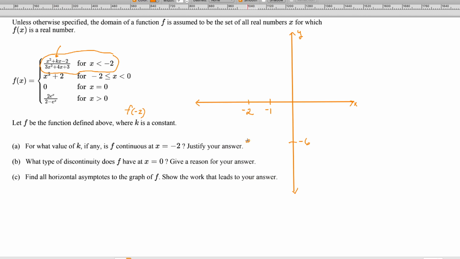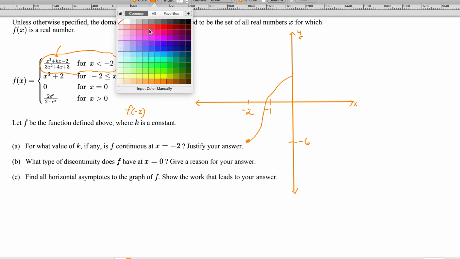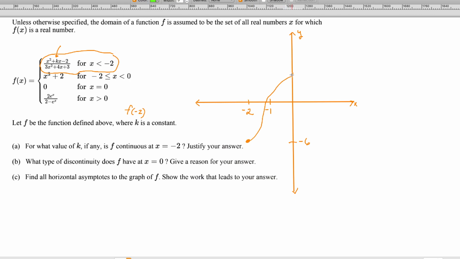So it's going to go up to 2 right here at 0. This hollow dot is at the value 2 because it's not defined there. f of 0 is not 2, it's 0, so that would be the filled-in dot.